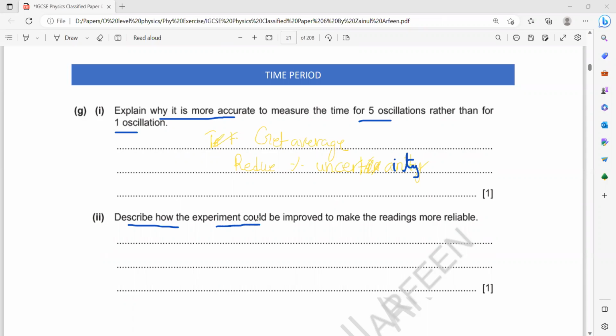Then the next part is: describe how the experiment could be improved to make the reading more reliable. If we want to make it more reliable, how can we increase the reliability of the results? What should we do? So we should repeat the experiment with a greater number of swings, like repeat the experiment with 20 oscillations and take an average.